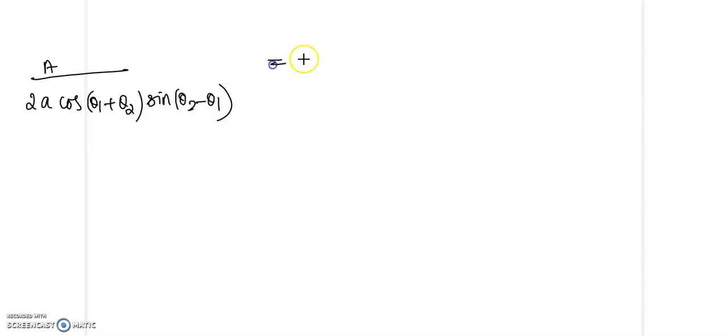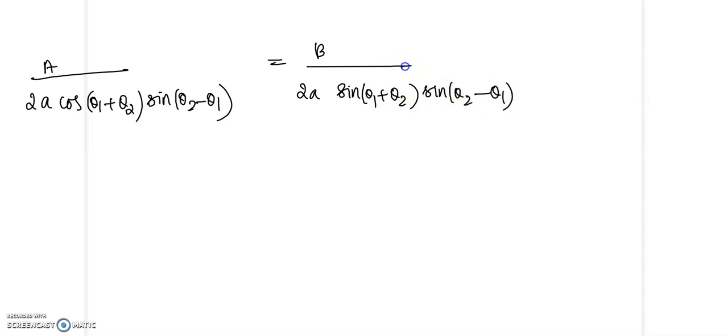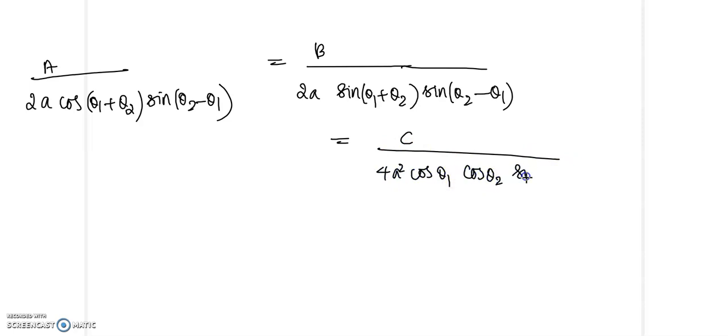So we will get a by 2a cos (theta 1 plus theta 2) sin (theta 2 minus theta 1), that will be equal to b by 2a sine (theta 1 plus theta 2) into sine (theta 2 minus theta 1), that will be equal to c by 4a square cos theta 1 cos theta 2 sine (theta 2 minus theta 1).